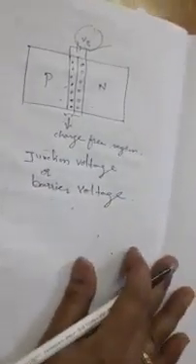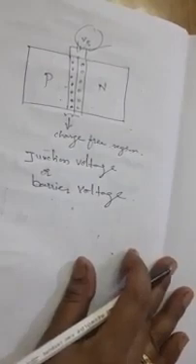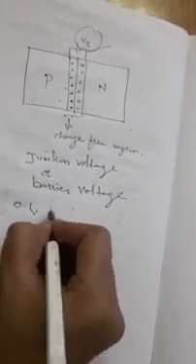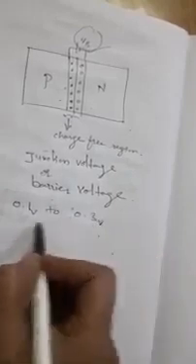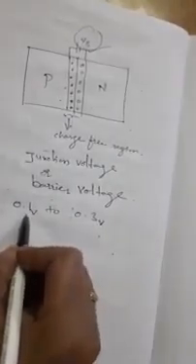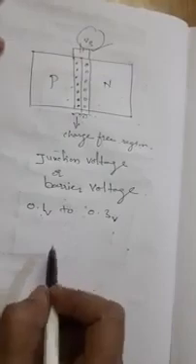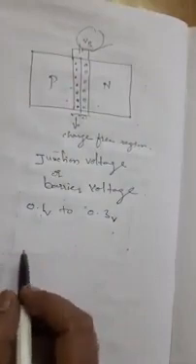The potential barrier is of the order of 0.1 volts to 0.3 volts, and once this potential barrier is eliminated from the depletion layer, then the current flows in the junction. And this potential barrier can be increased or decreased by applying some external voltage.